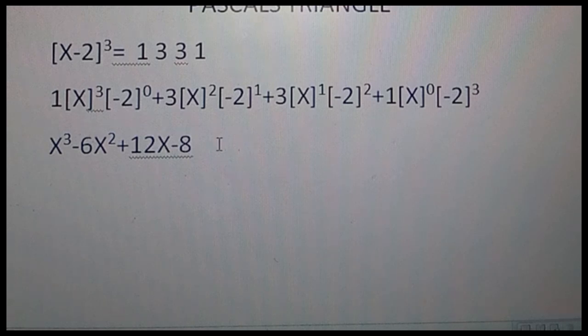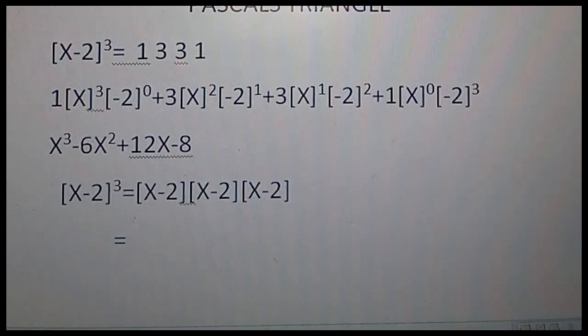Okay, let's see the other way that we have talked about. Let's multiply the first bracket with the second bracket. x times x is x squared, x times negative 2 is negative 2x, and negative 2 times x is negative 2x again.